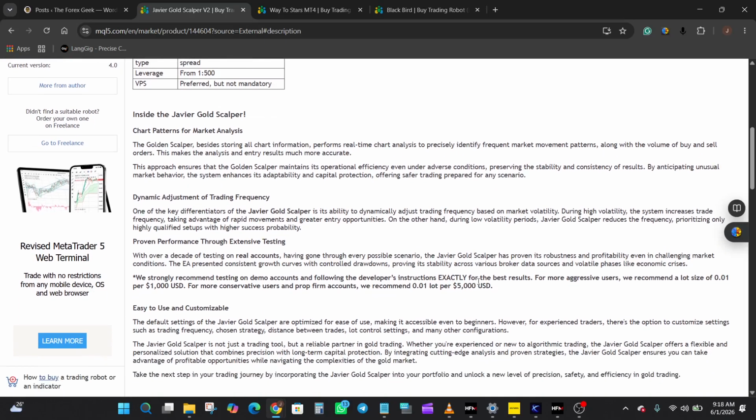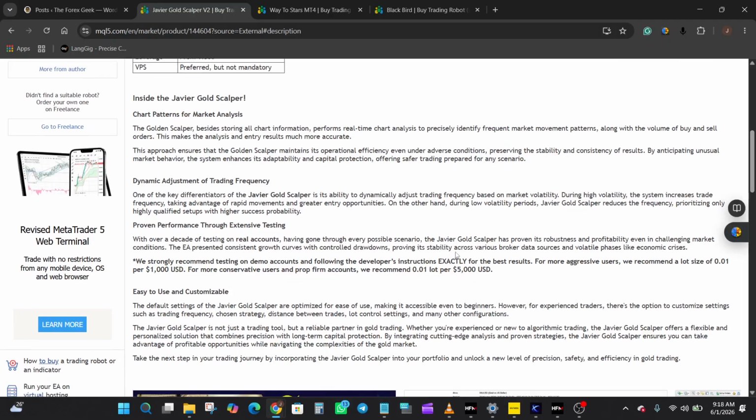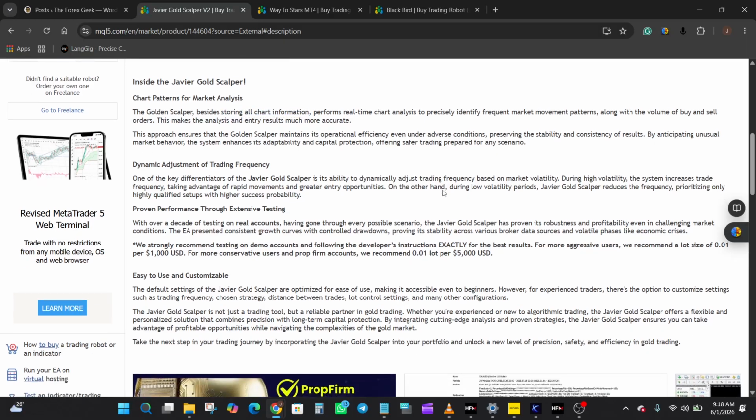Now, one of the main features highlighted is its ability to analyze chart patterns in real time. According to the product page, the system stores chart information and evaluates recurring market movement patterns while also considering buy and sell order volume during its analysis process.